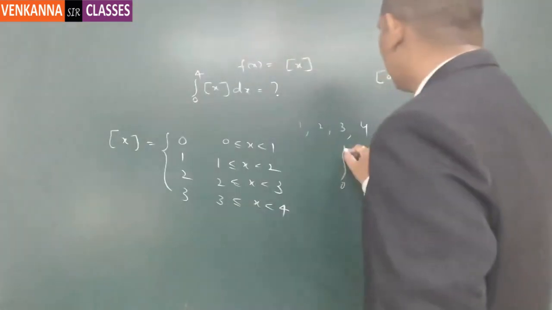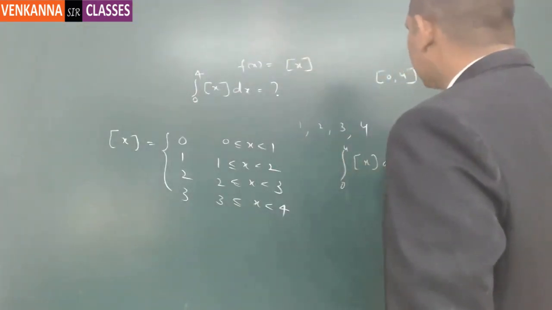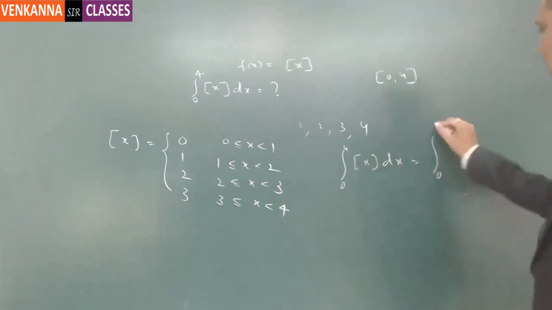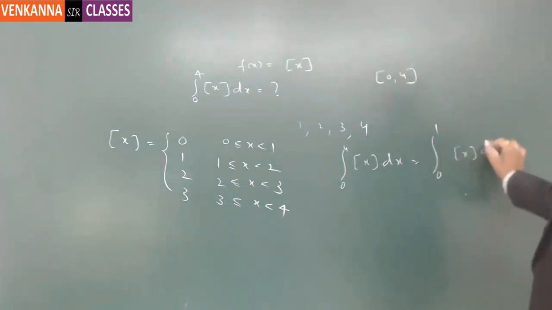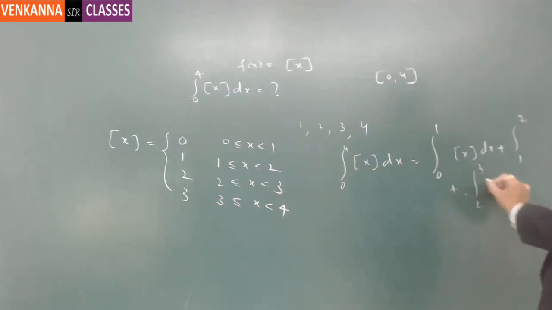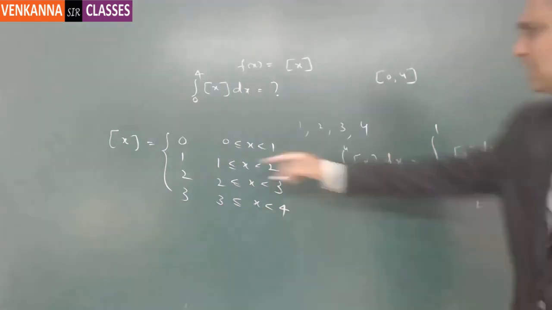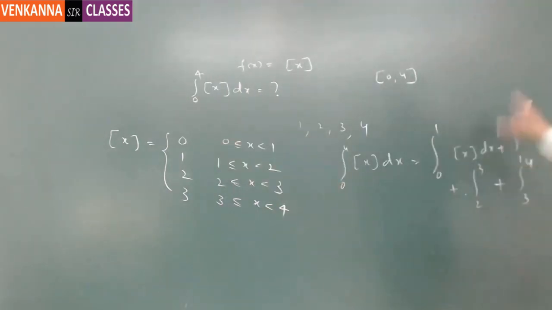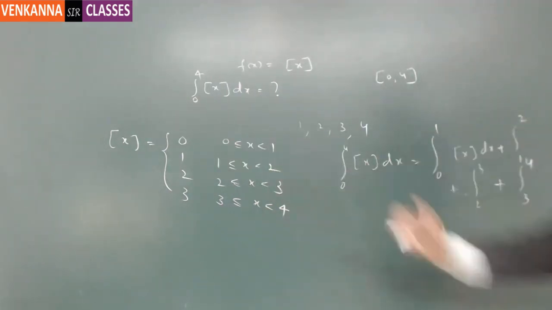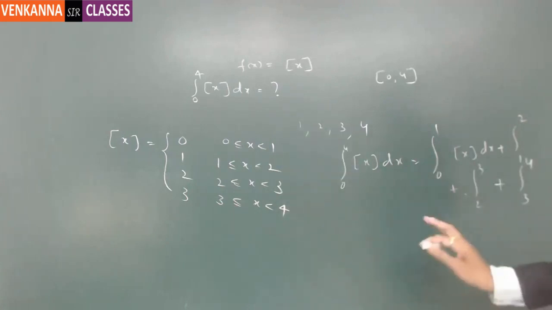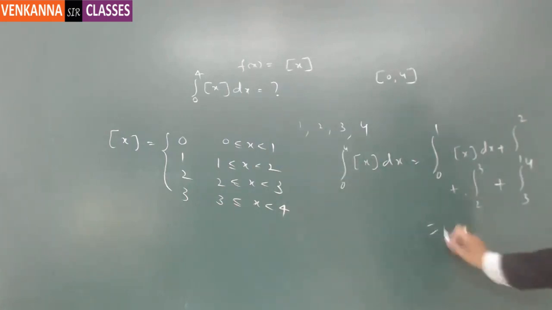So the integral from 0 to 4 of the step function of x dx is nothing but the integral from 0 to 1 plus the integral from 1 to 2 plus the integral from 2 to 3 plus the integral from 3 to 4. So it is the integral from 0 to 1 of 0, from 1 to 2 of 1, from 2 to 3 of 2, from 3 to 4 of 3. Simply doing integration you will get the answer.